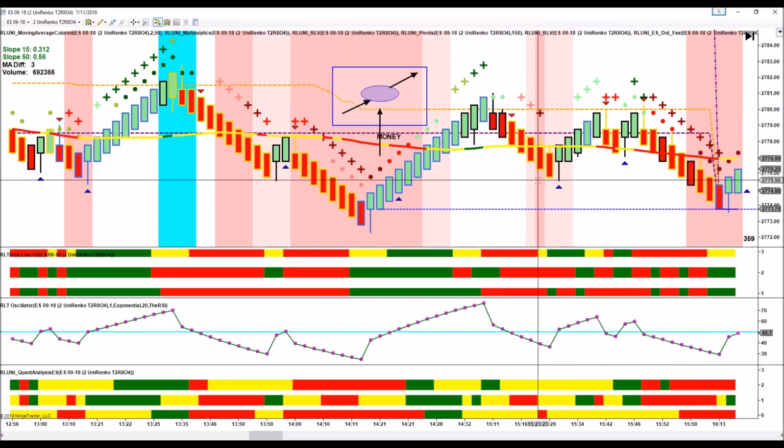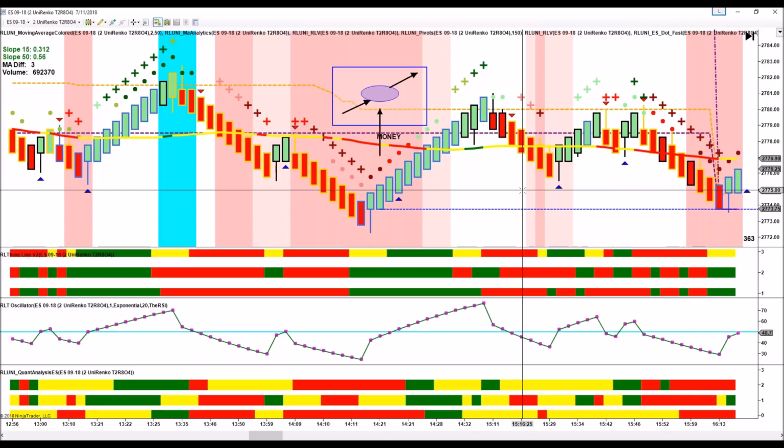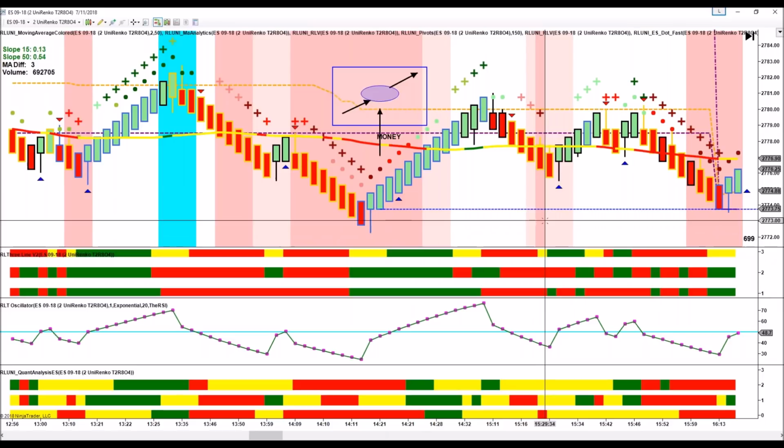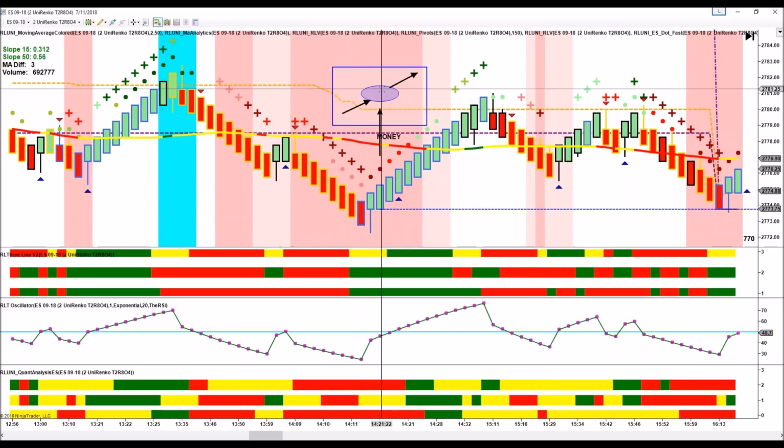The other is correlative markets, where we're looking at money moving from one asset class to another asset class. If money is flowing into here, it has to come from somewhere.